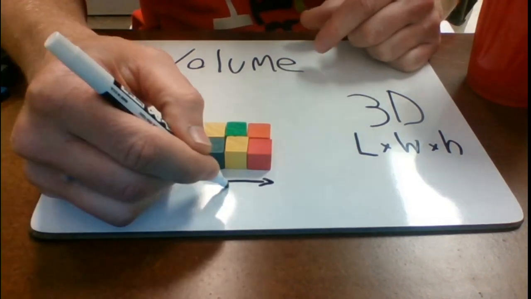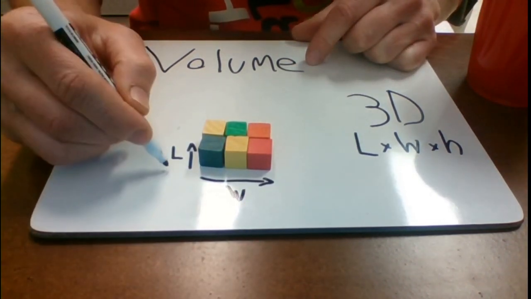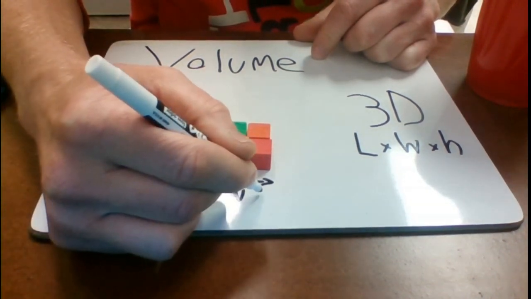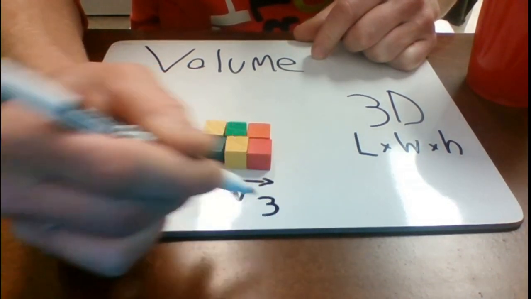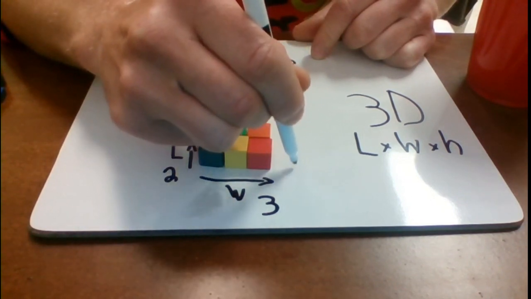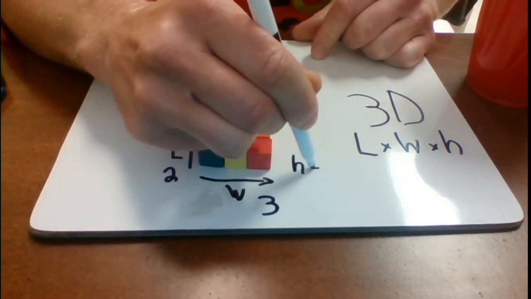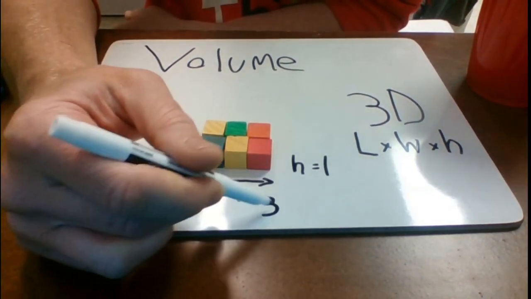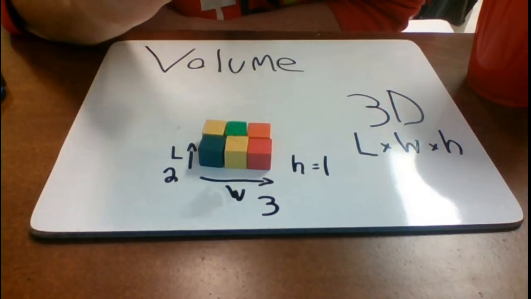Yes, it does. The length is 2. The width is 3. What about the height? Well, the height is only 1 cube. It has a length of 2, a width of 3, and a height of 1.